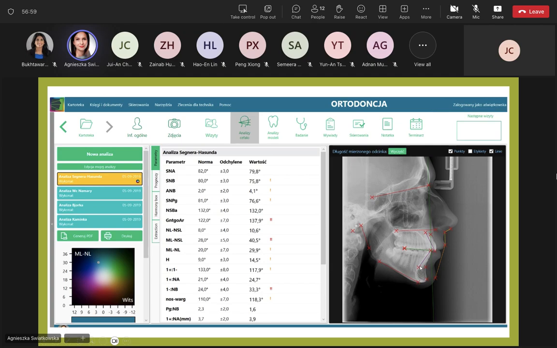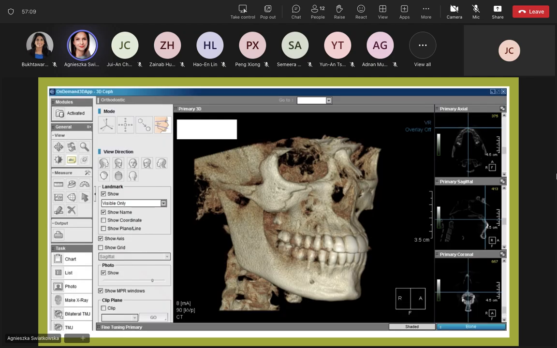Sometimes we don't see the apex of the root of the lower incisor, because in the same position is the root of the canine. But here we don't have this problem, because we can put this point in perfect position.